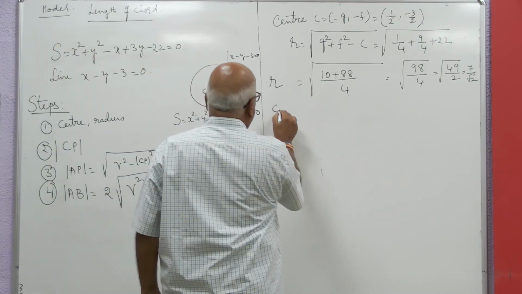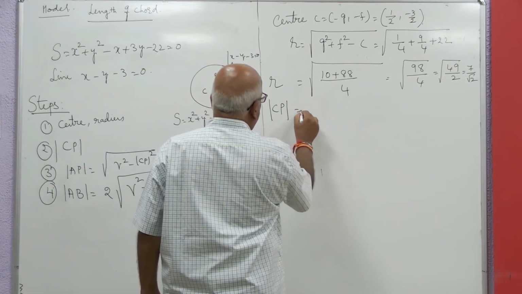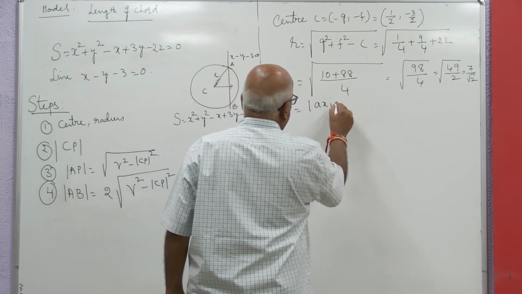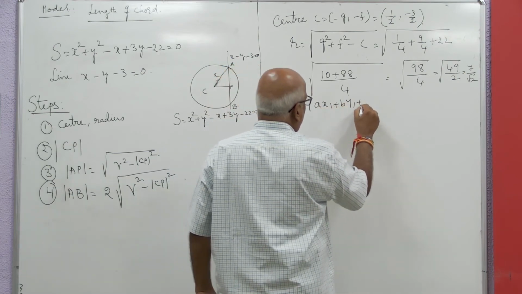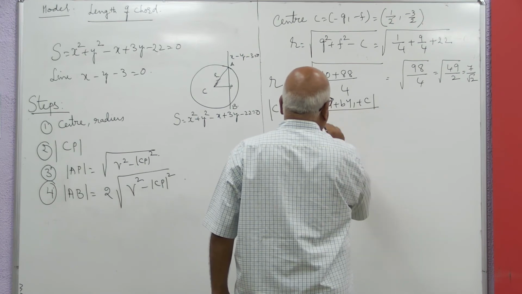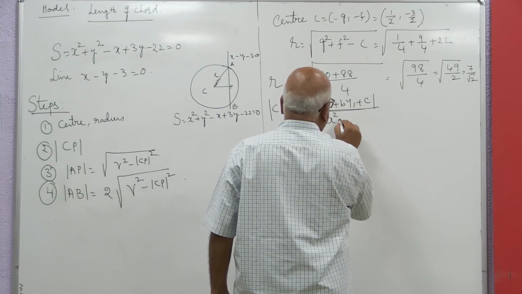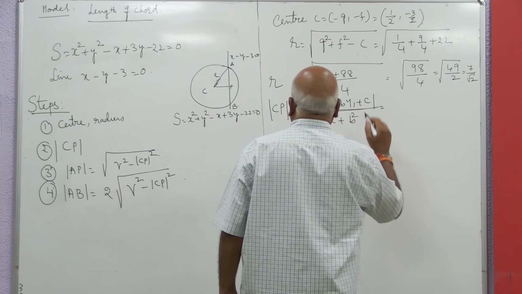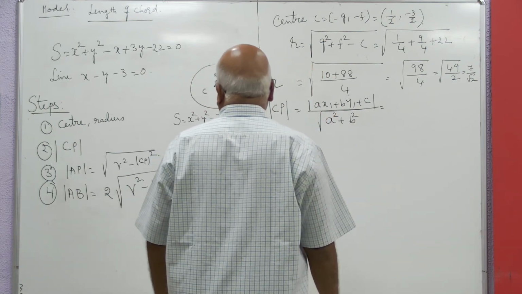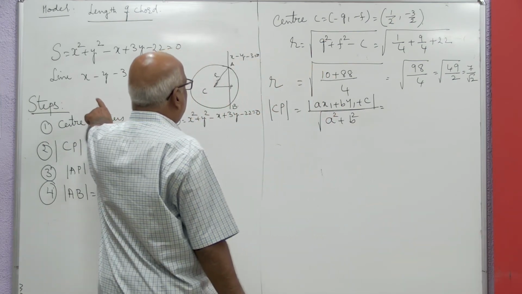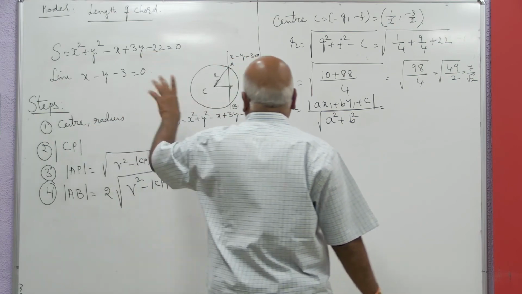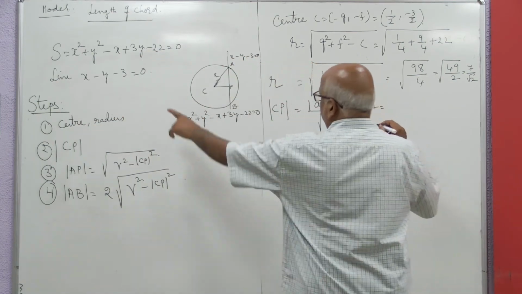CP is the perpendicular distance of a point from the line: modulus of ax1 plus by1 plus c by root a square plus b square. What are the coordinates of the center? 1 by 2, minus 3 by 2.